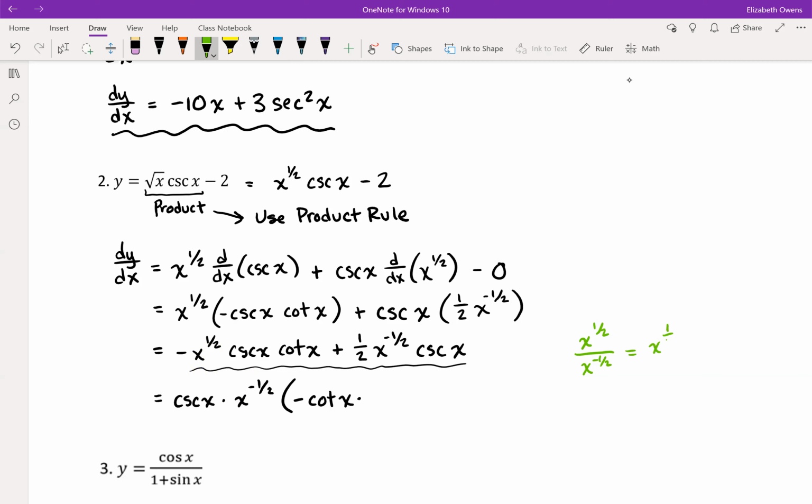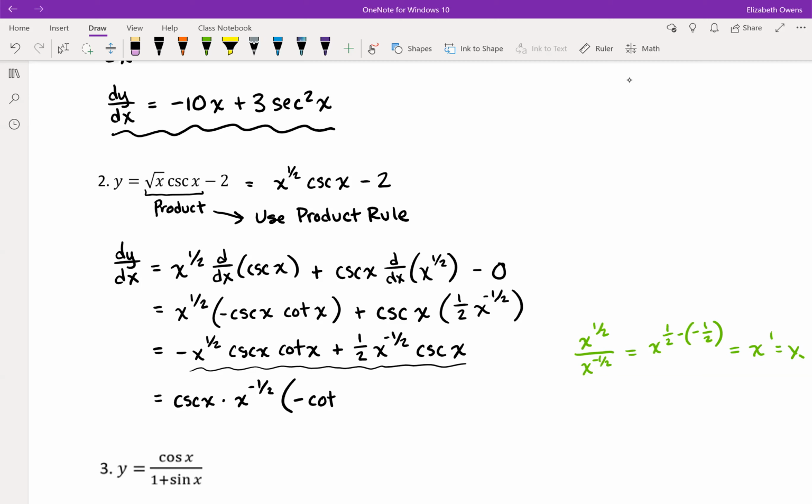And what we get there is x to the 1/2 minus negative 1/2, because when we're dividing like that, we subtract the exponents. And that just turns out to be x to the first, or plain old x. So that's what we would get here.